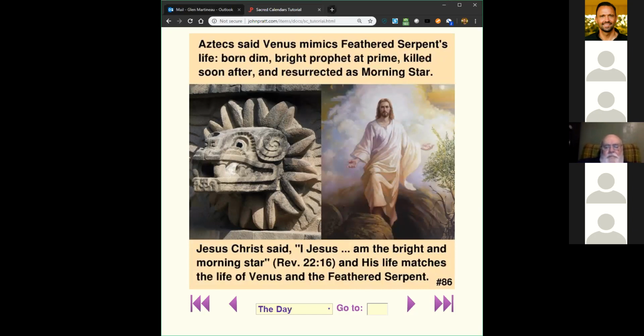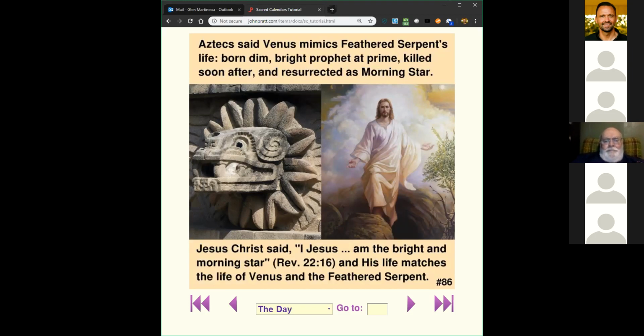He said that the Aztecs said that Venus mimics the life of the feathered serpent, the plumed serpent, who came to visit them in the 1st century AD. He was born dim and unknown. He became a bright prophet at his prime when he's baptized, right?